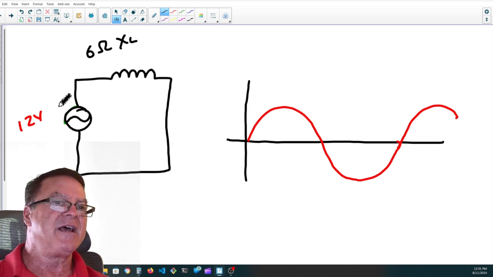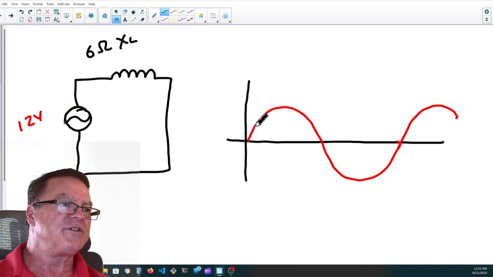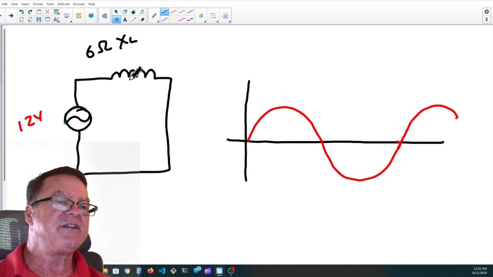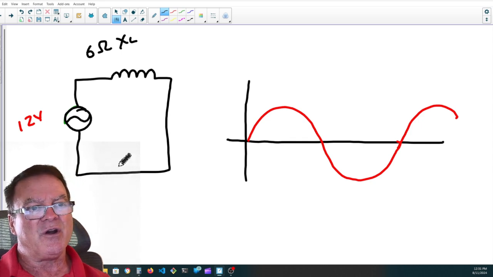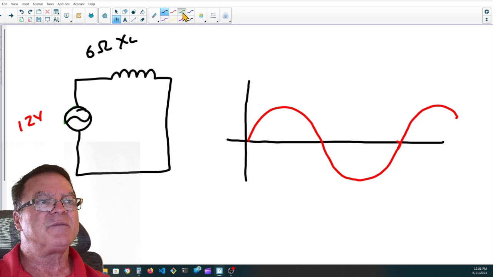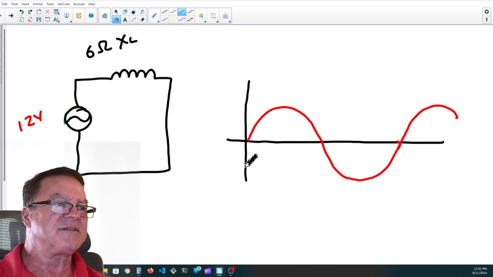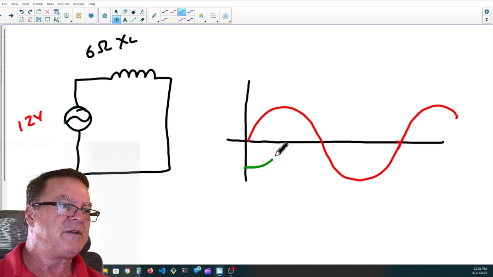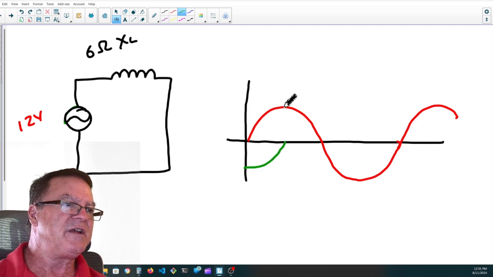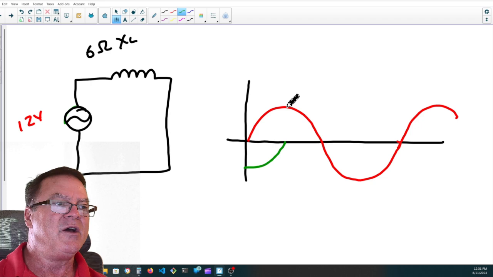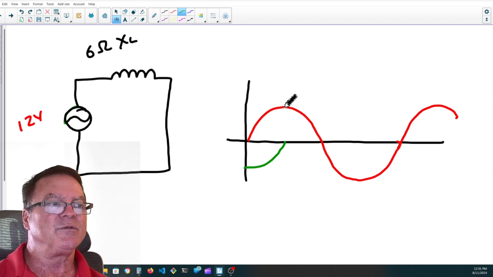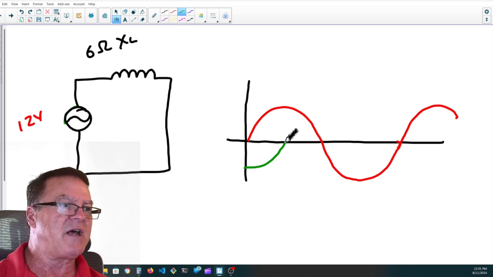What happens is, as this voltage rises to peak, it's increasing. This inductor is opposing a change in current. It's actually pushing current in this circuit in the opposite polarity as the voltage, till such point that the voltage levels out at the peak. When it gets to that peak, 12 volts, the inductor's happy because the voltage is neither rising nor falling, so it stops producing that current in the opposite direction.